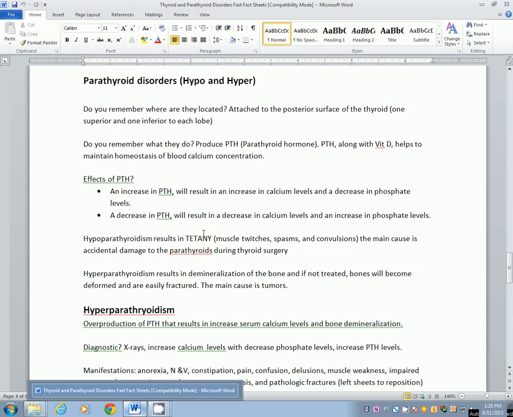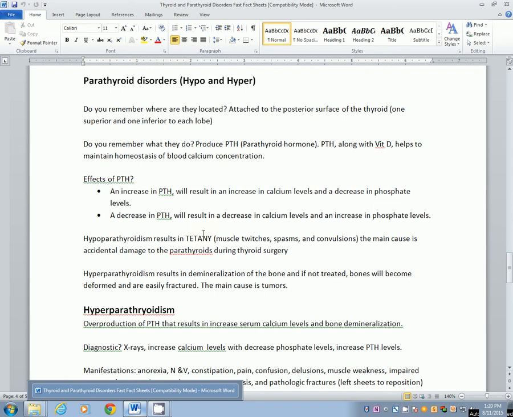Okay, parathyroid glands, hypo and hyper. Do you remember where these are located? They are attached to the posterior surface of the thyroid, one superior, one inferior on each lobe, so therefore there are 4 of them. What do they do? They produce parathyroid hormone, PTH, and PTH, along with vitamin D, helps maintain homeostasis of calcium levels, so very important for calcium concentration.